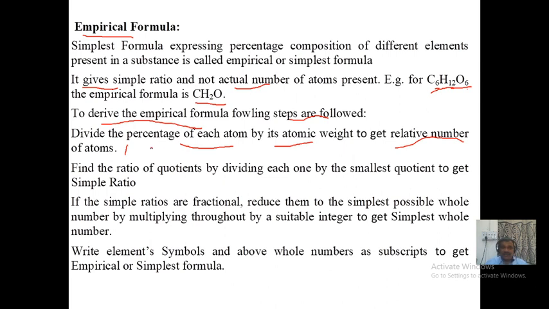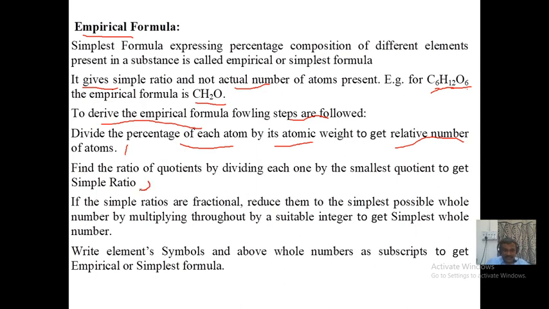So this is the first step. What is the first step, friend? Get the relative number. Percentages are given in the numerical. You divide with the atomic weight of the respective atom given to you. You will be getting the relative numbers of the elements or atoms given.